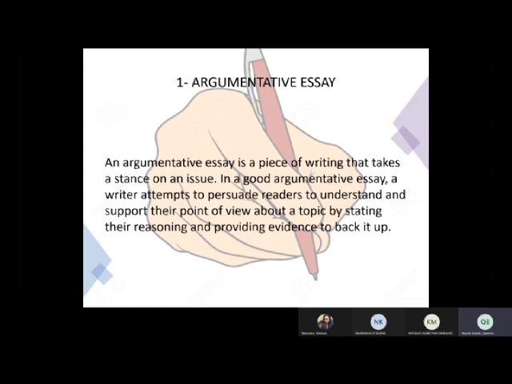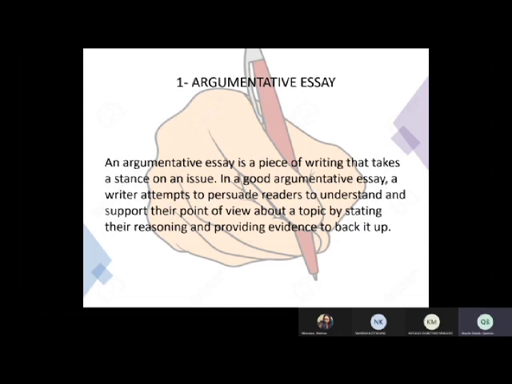You have to make them believe in what you are telling them, believe in your argument, believe in your stand, right? And support their point of view about a topic by stating their reasoning and providing evidence to back them up.